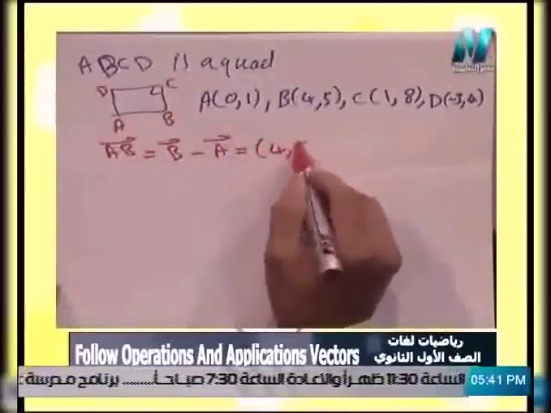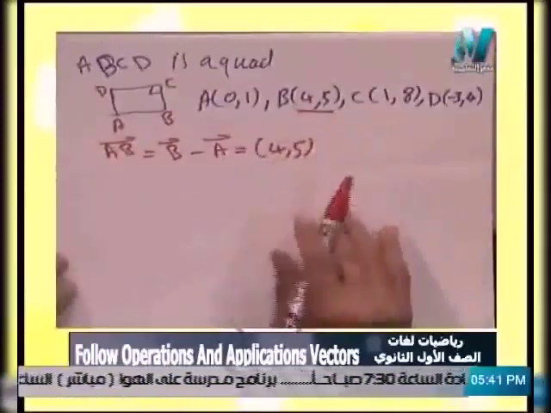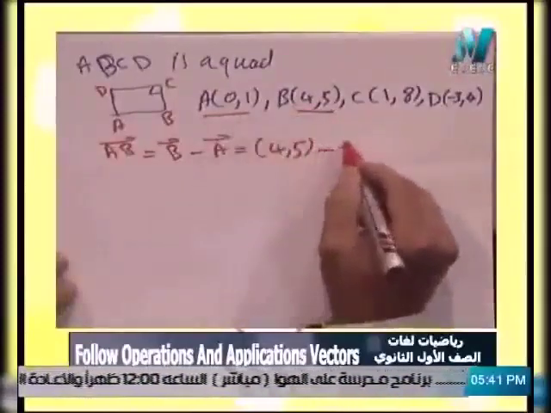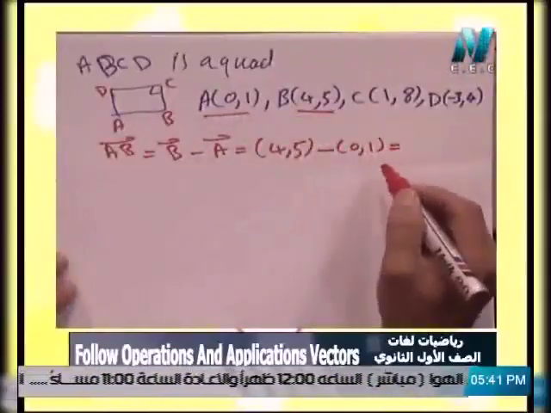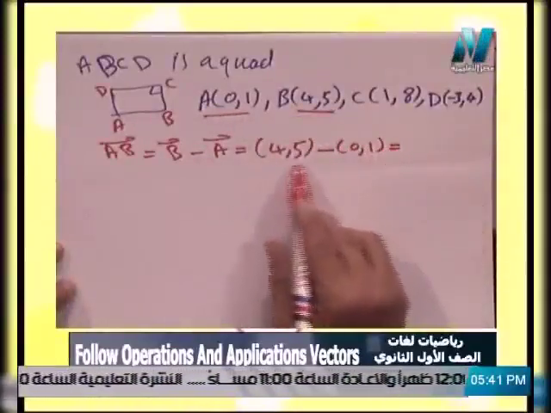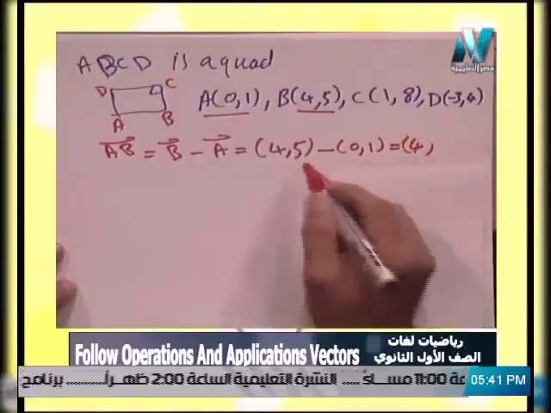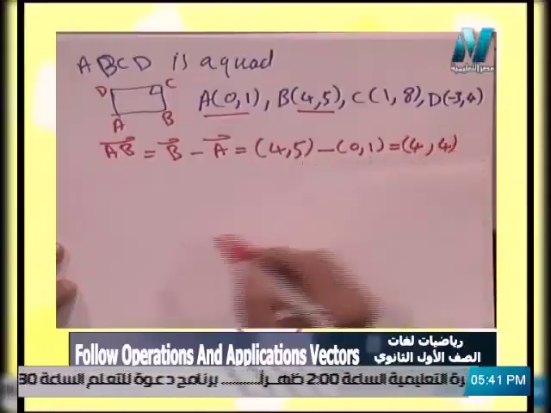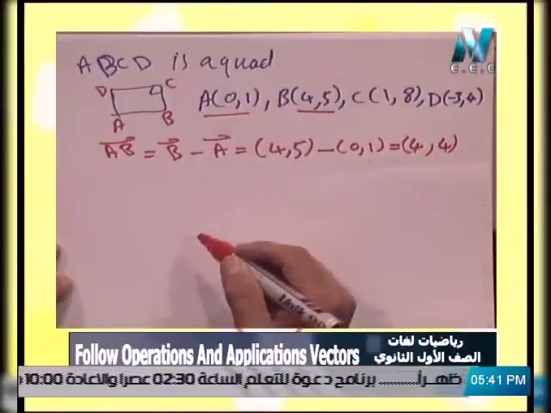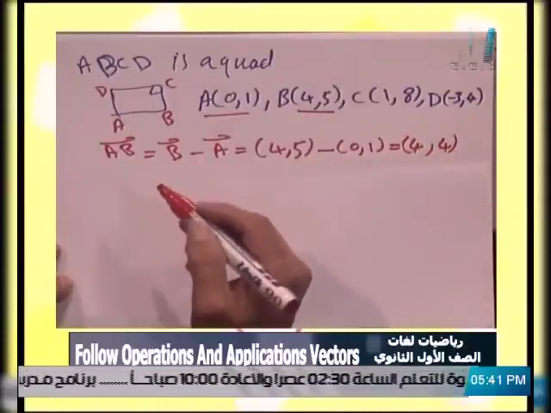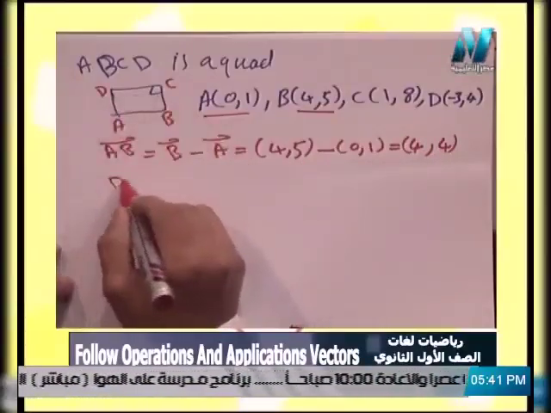B is 4 and 5, and A is 0 and 1. And of course, the answer will be 4 minus 0 equals 4, and 5 minus 1 equals 4 also. And we will try to find out the vector DC.